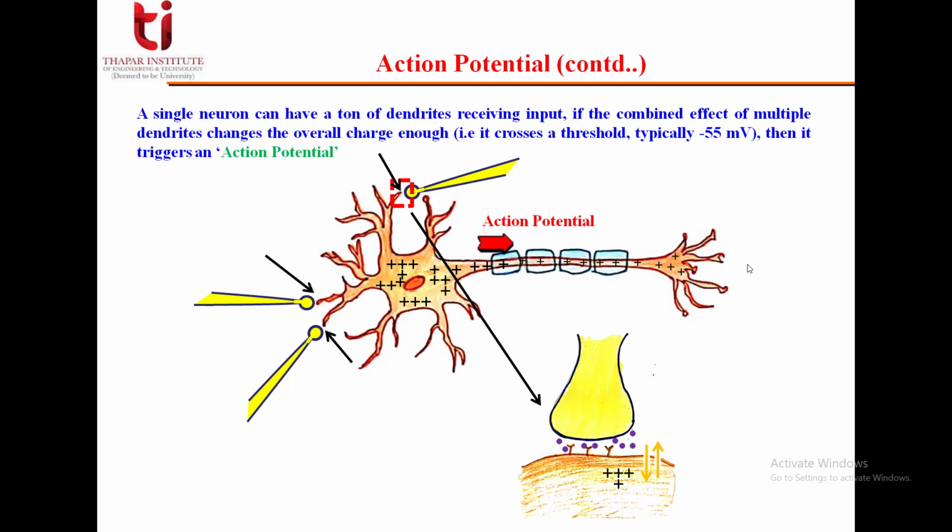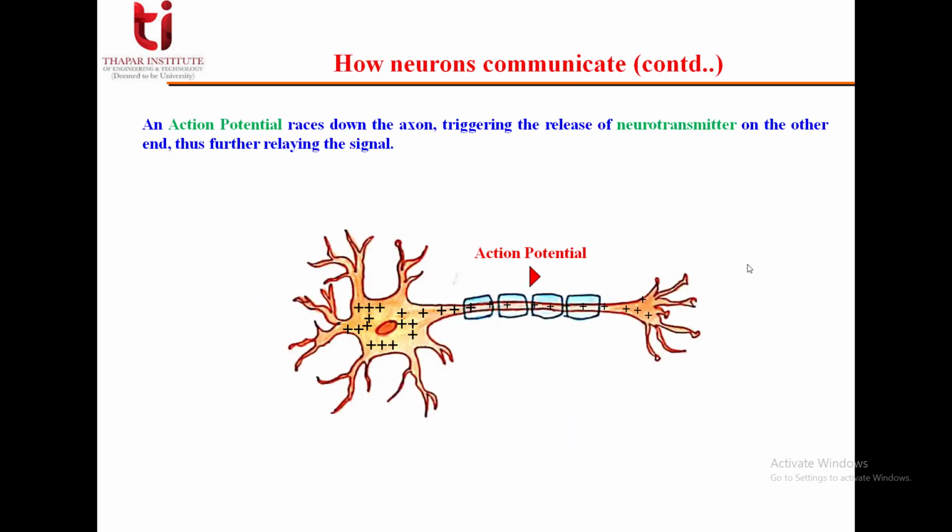Now this action potential travels down the axon, triggering the release of neurotransmitters. You can see the action potential is travelling down the axon, and then it will release neurotransmitters on the other end, and this will further relay the signal. In this way the two neurons communicate.